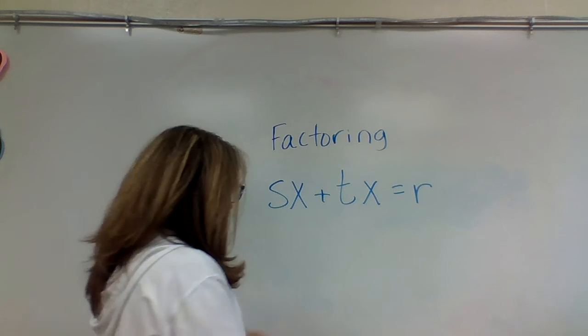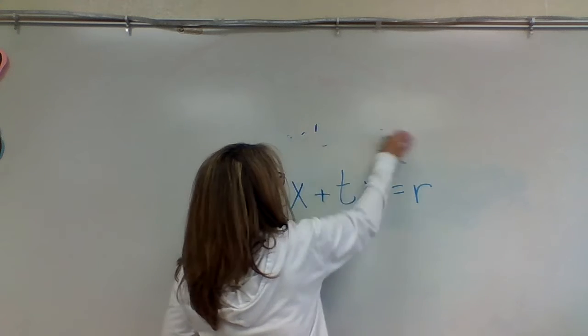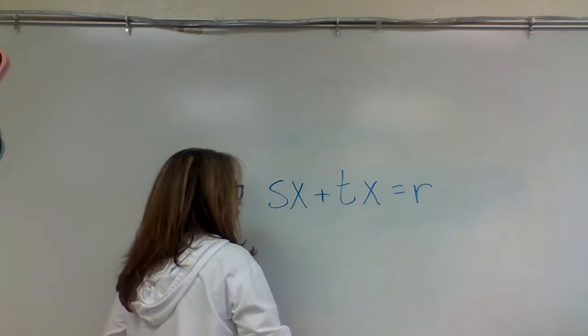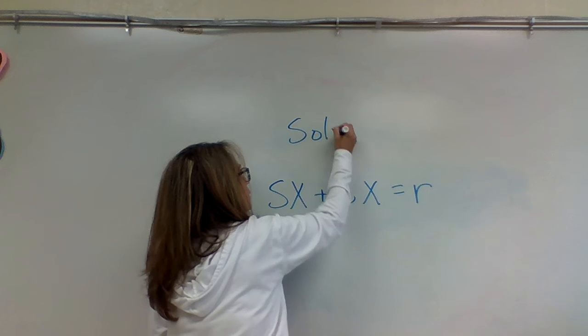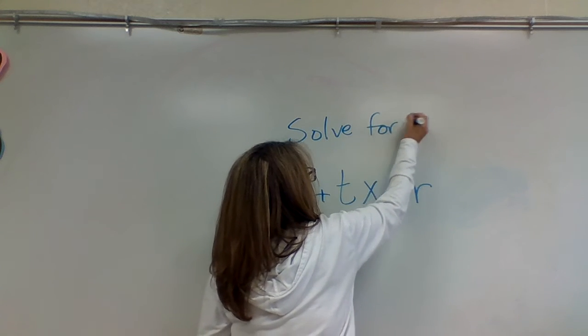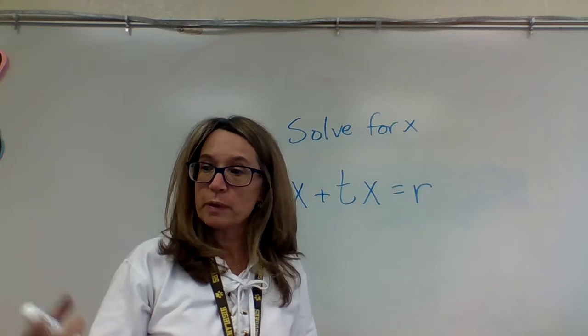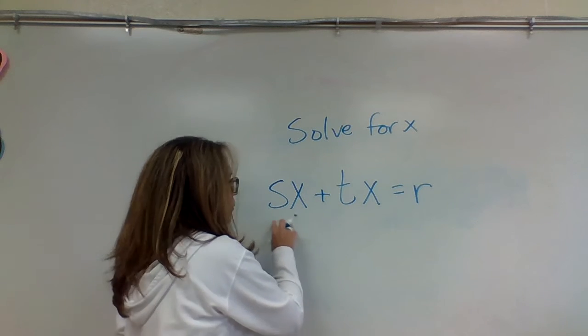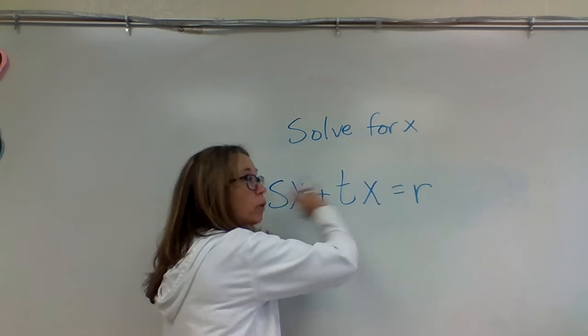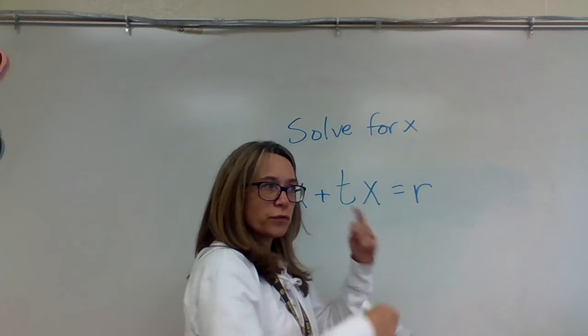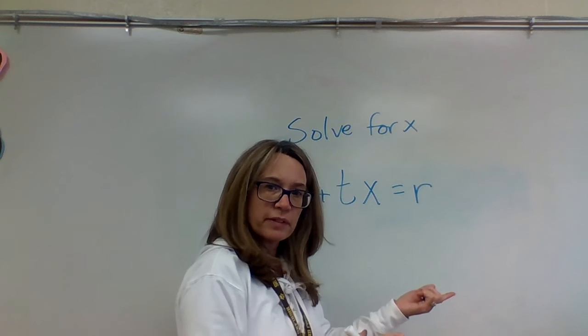So in this problem, they're actually asking for you to solve for x. So in the literal equations or in the problems that you did just before now, you had more than one variable and you either had to solve for y or solve for x. That was in the previous video.